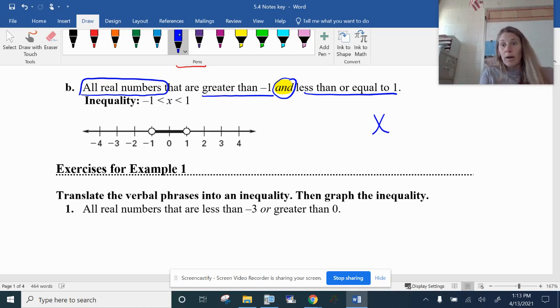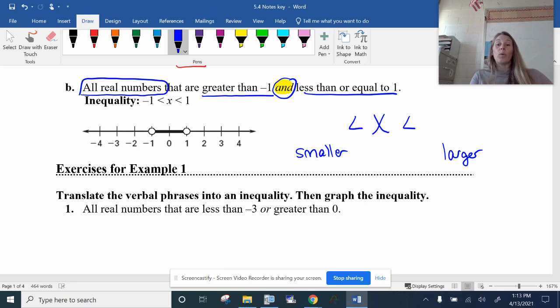And every time you have an x in the middle, if you always put the smaller number on the left and the larger number on the right, your symbols will always be facing the same direction. 100% of the time, they're always going to be less than signs if you put your smaller number on the left, which in this case is -1, and your larger number on the right, which in this case is +1.